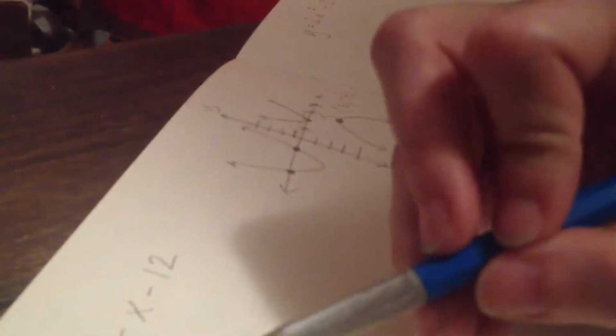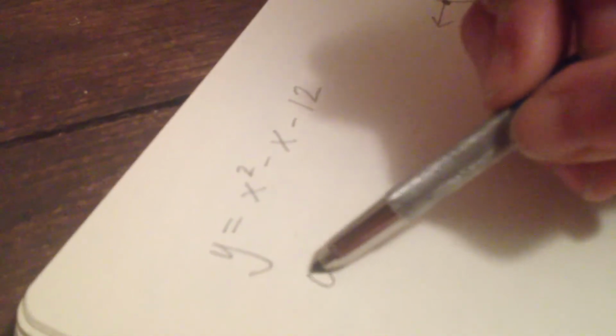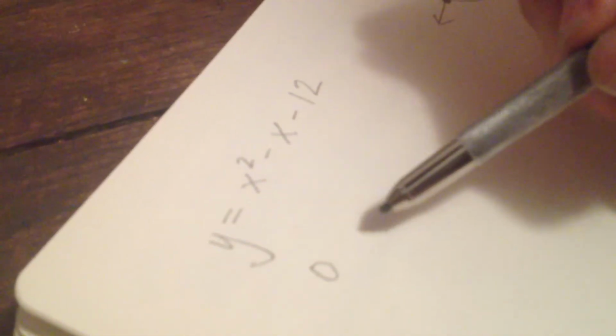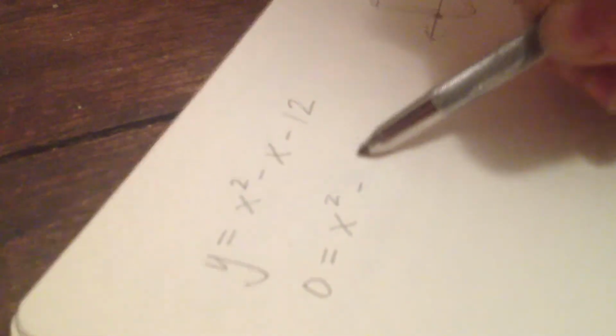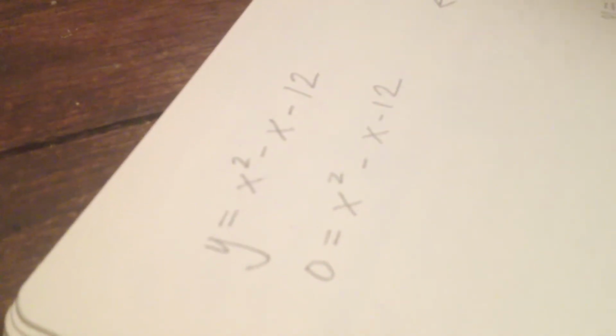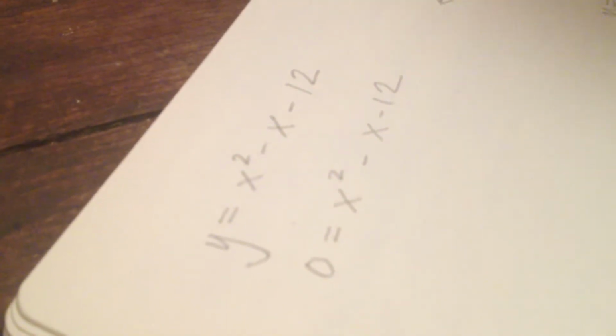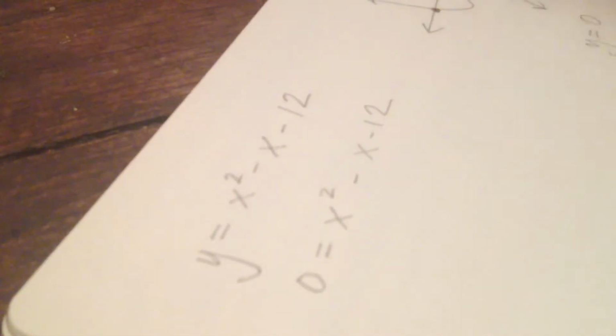So the first thing that we do to solve a quadratic equation is plug in 0 for y. That's step 1. Now there are a couple different ways to solve quadratic equations. One way that solves any quadratic equation is the quadratic formula.